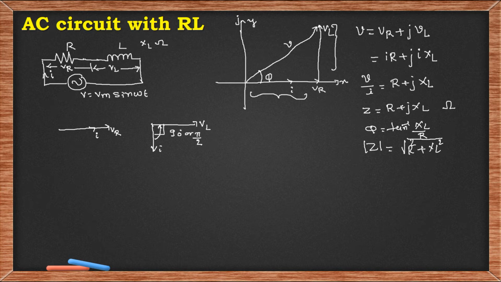Z equal to R plus JXL is the Cartesian or rectangular form, and mod Z at an angle of phi is the polar form.